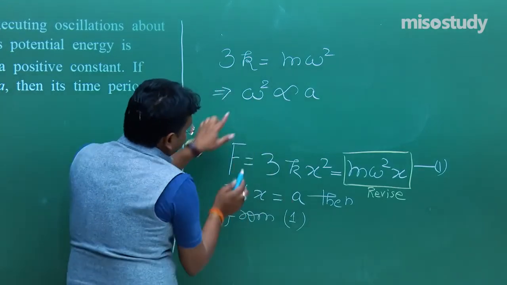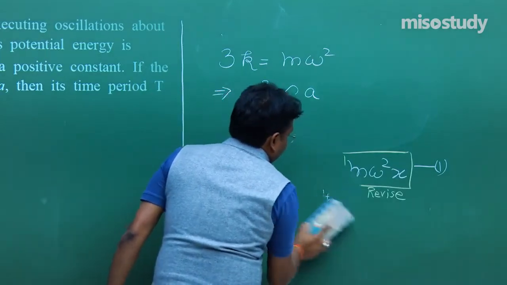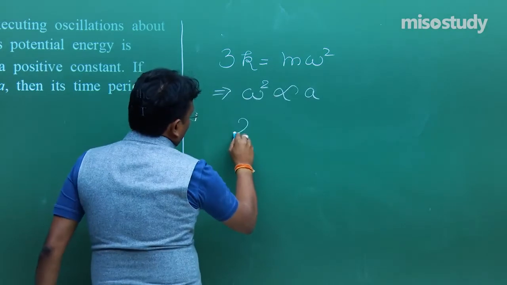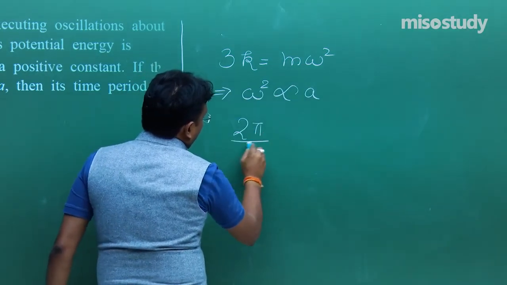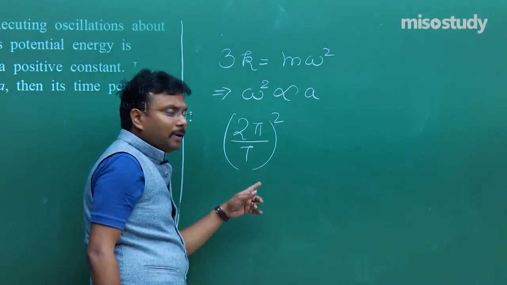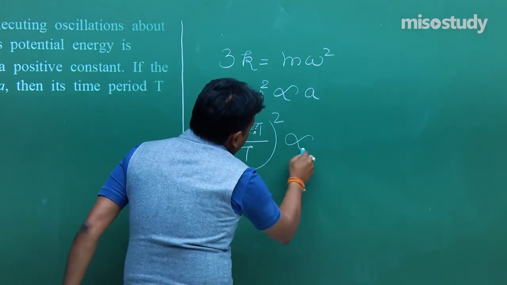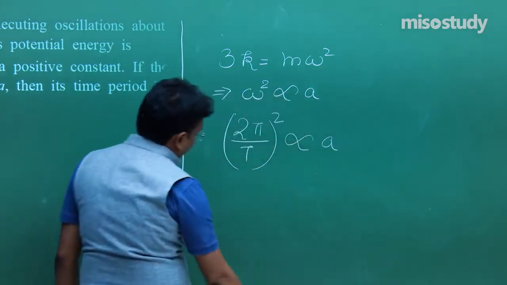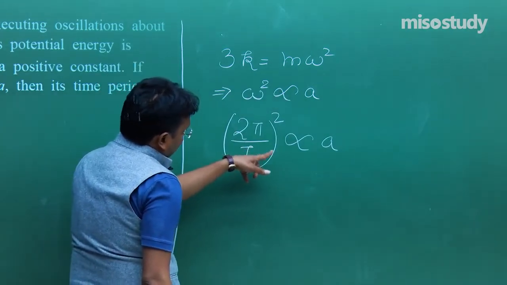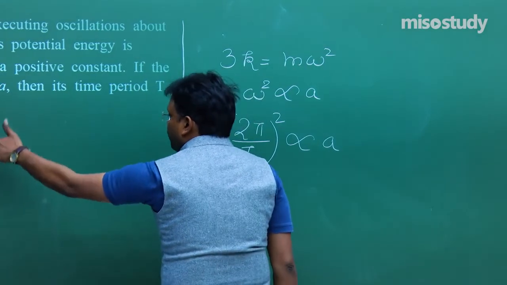It means (2 pi upon T) whole square is directly proportional to a. No problem, simple. About this T and a, you can find the result as given over here.